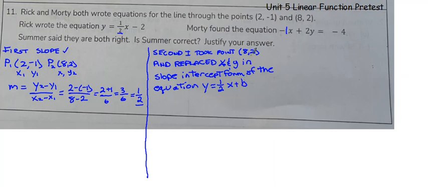So this is my y, so I put 2 in there. Then 1/2. And 8 is my x, so I put 8 in there. And I said, well, I wonder if Rick wrote the right number for the b. So half of 8 is 4. So I've got 2 equals 4 plus b. And then I simply subtracted 4 from both sides of the equation. And I got 2 minus 4 is negative 2. So these cancel.